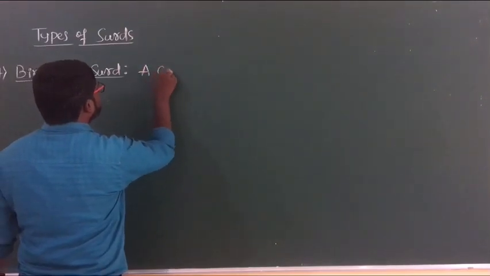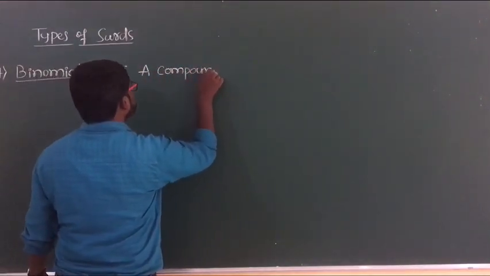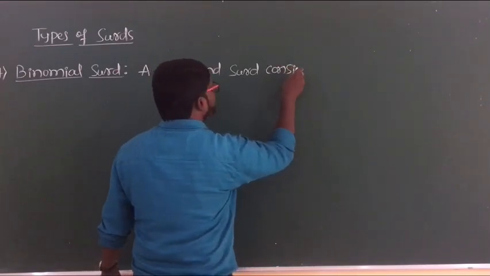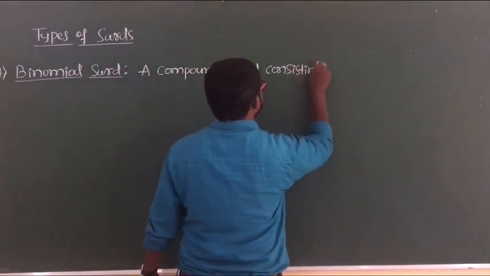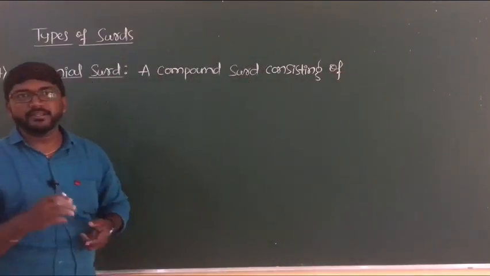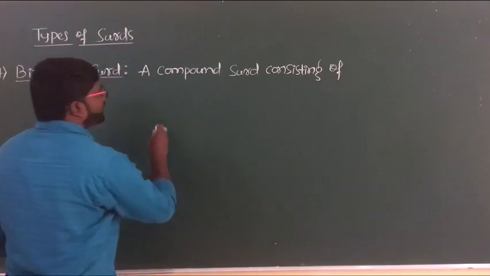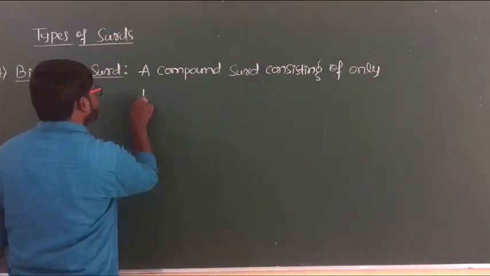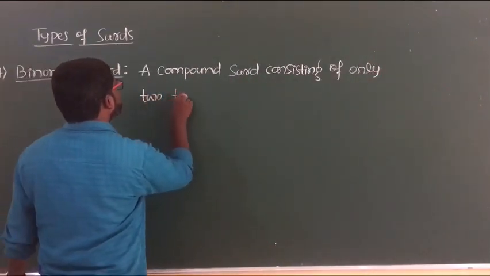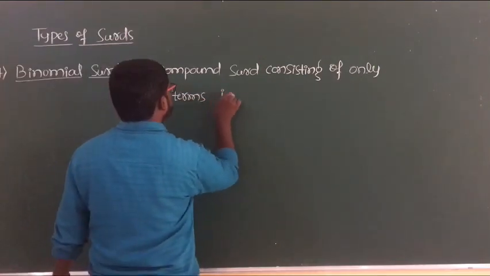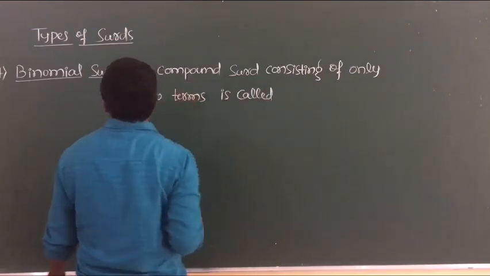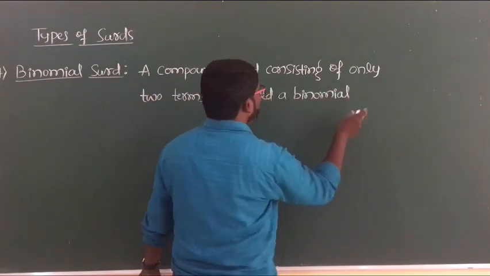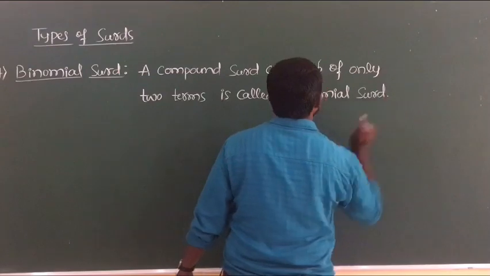A compound surd consisting of only two terms is called a binomial surd.